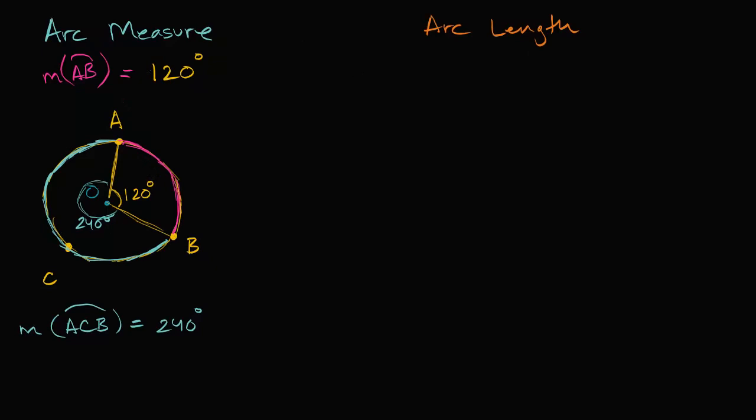So I could have two circles, this circle right over here and that circle right over here. As long as the central angle that intercepts the arc has the same degree measure, so these are central angles, so we're assuming the vertex of the angle is the center of the circle, as long as these two central angles have the same degree measure, then the corresponding arc measures are going to be the same.